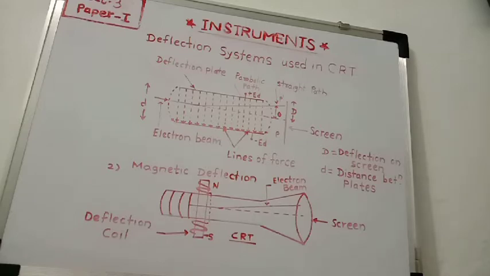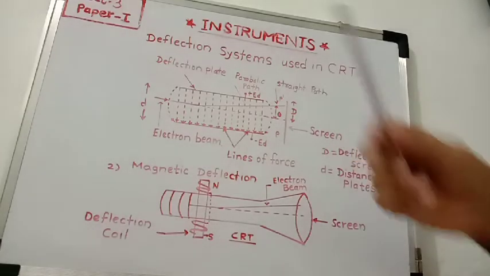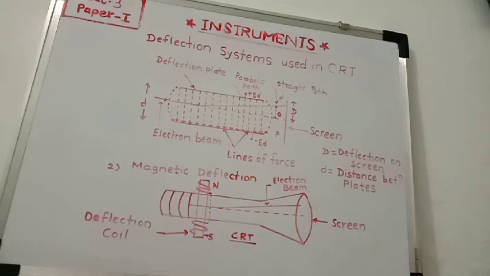Because the sawtooth voltages are applied to the horizontal deflection plates, and the input AC signal which is to be displayed on the screen is applied to the vertical deflection plates, there will be a change in direction of the electron beam. This change in direction is the combined effect of the applied voltages of these two plates.